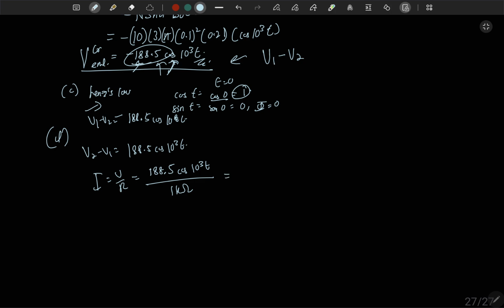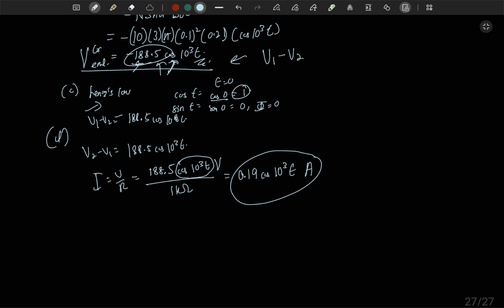If we divide it, we would be getting 0.19 cos 10 power of 3t, and it should be in ampere because it's in volt. Don't even try to mess up with this, please don't. Okay, so this is what we'll be getting as the answer.